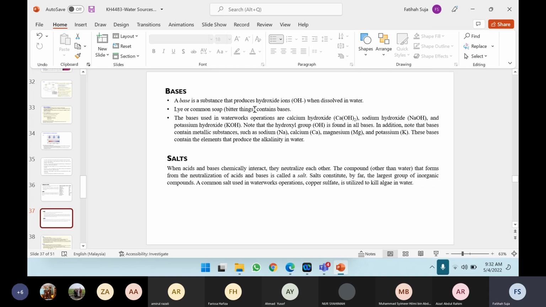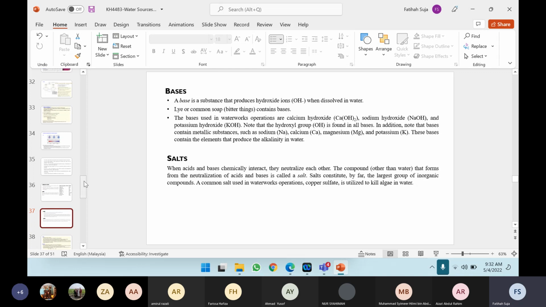Bases are also inorganic. A base is a substance that produces hydroxide ions when dissolved in water, like common soap; bitter things contain bases. So this is the type of base substance in water. Salts are also inorganic. When acids and bases chemically interact, they neutralize each other.